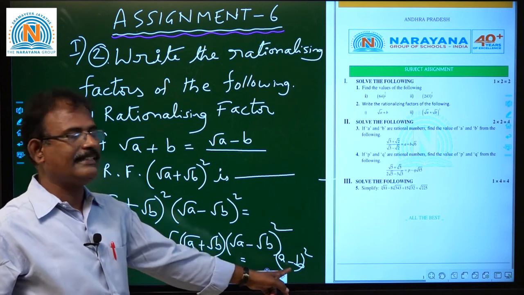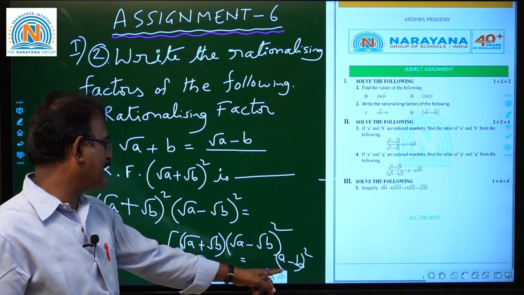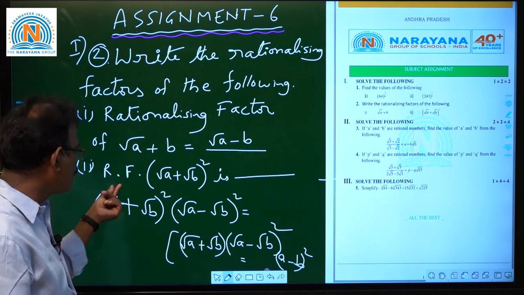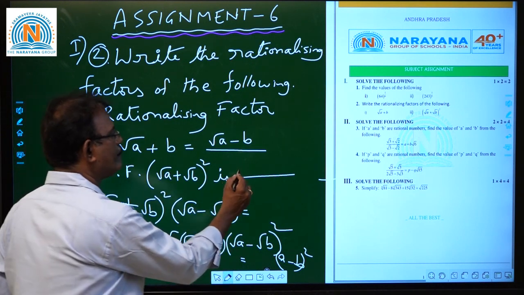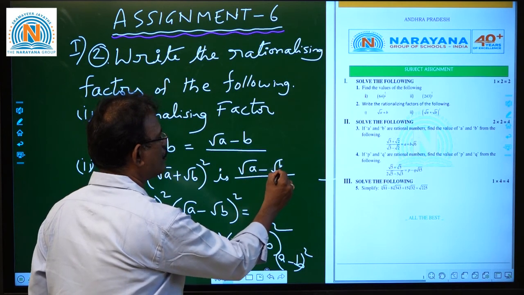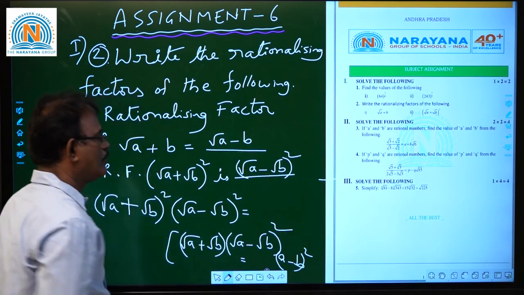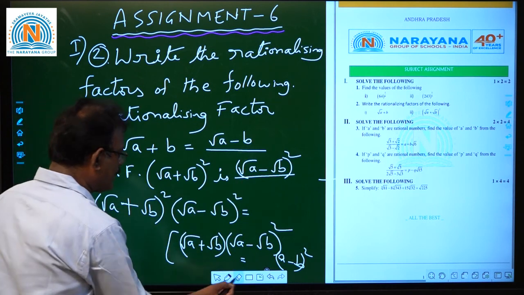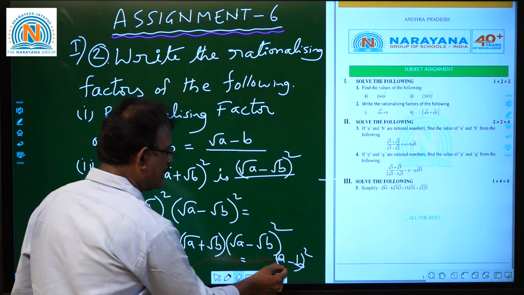As it is a rational number, we can consider (root a minus root b) whole square as the rationalizing factor of (root a plus root b) whole square. We can also express it in such a way, or explain it in another way also.